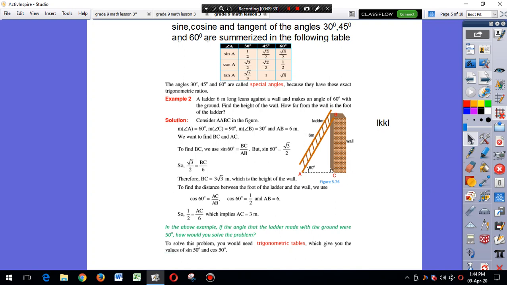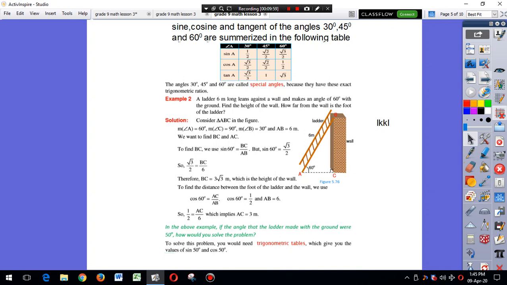Consider triangle ABC that's displayed on figure 5.76. Assume this is triangle ABC. Measurement of angle A is 60 degrees and measurement of angle C is 90 degrees because it forms a right angle with the ground.